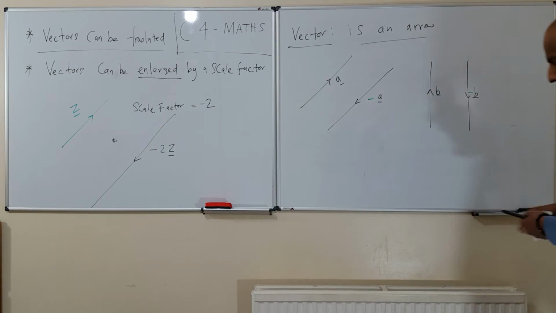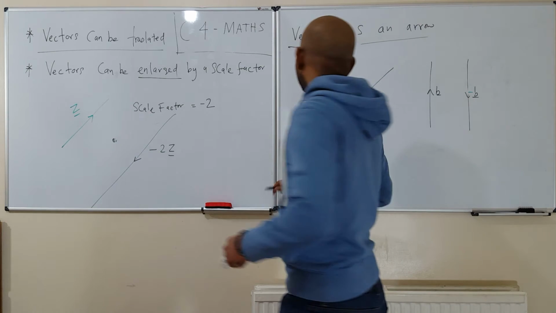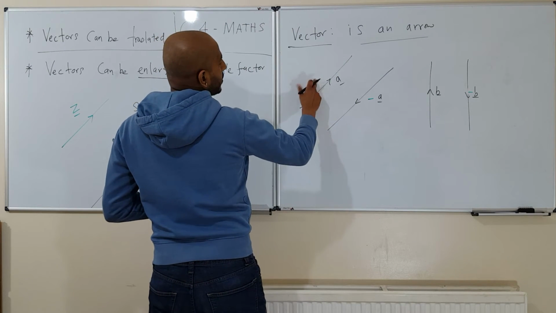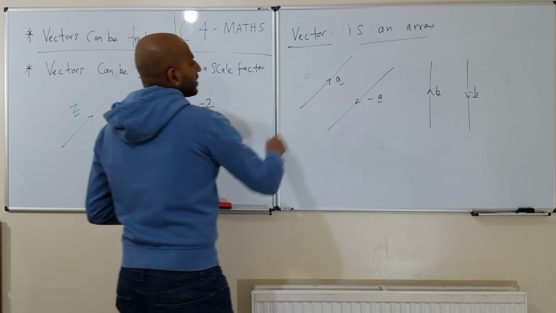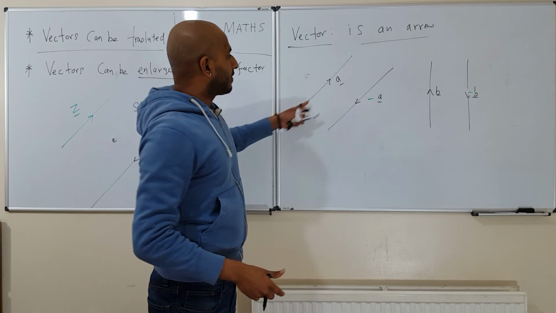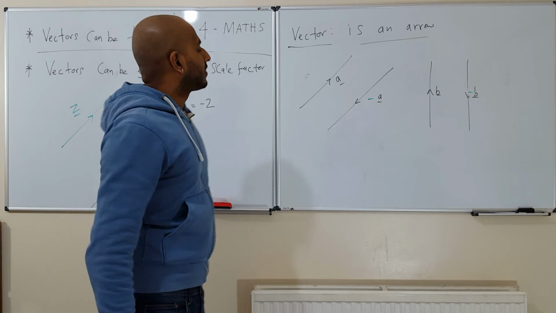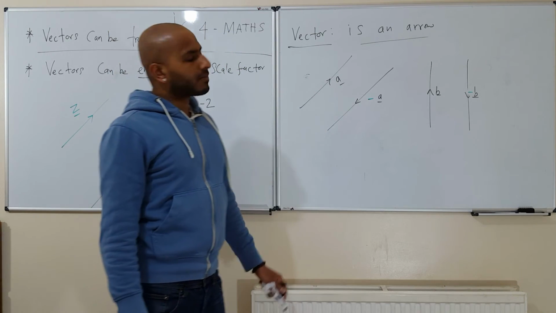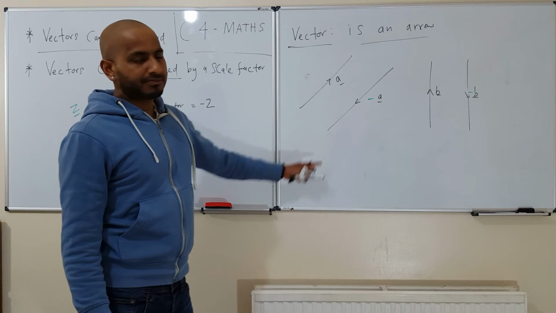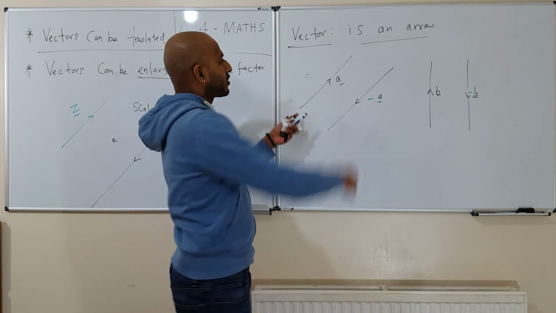So in other words, if this refers to 25 newtons due northeast, this refers to 25 newtons due southwest. 25 newtons goes to the same size.